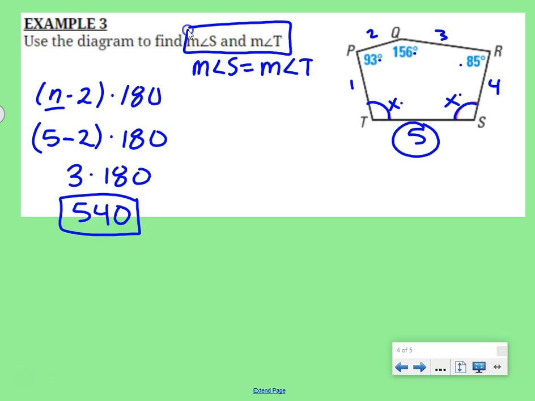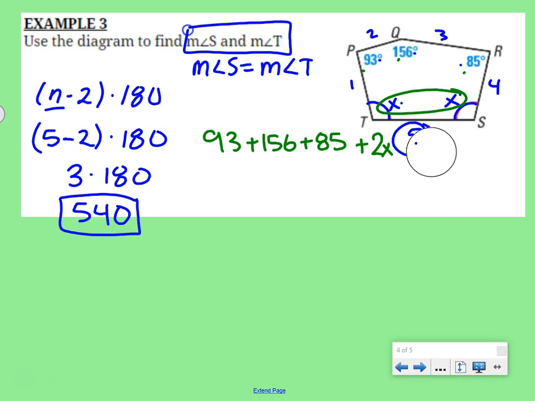So we can set that up. We take our angle measures that we know, 93 plus 156 plus 85, and then 2 x's, so we can add to that 2x equals, and our sum is 540.